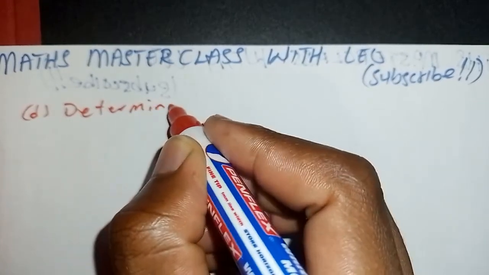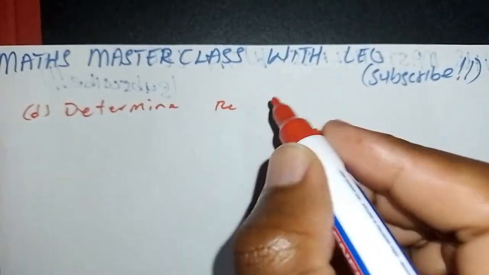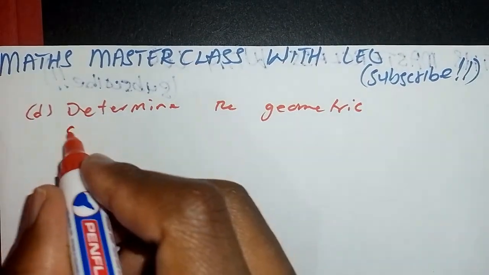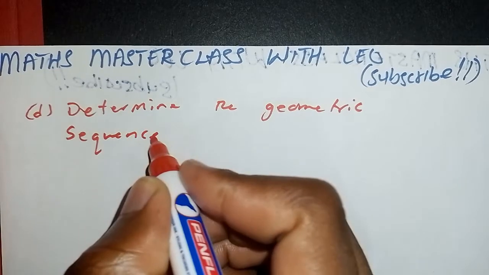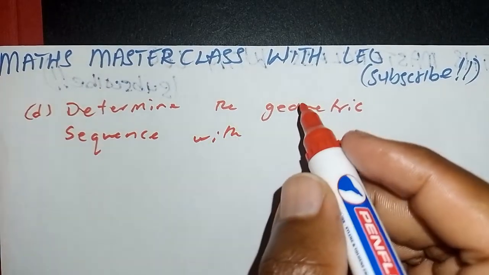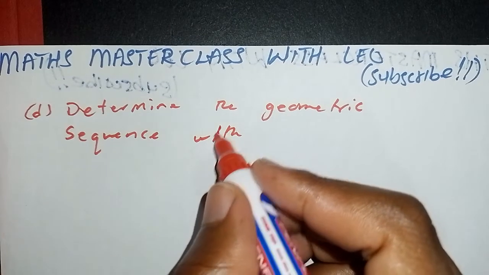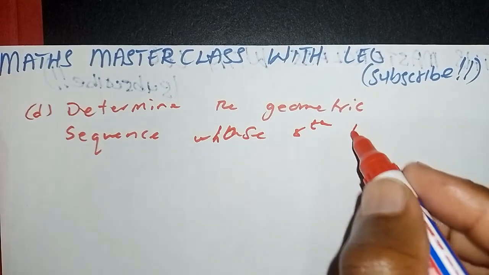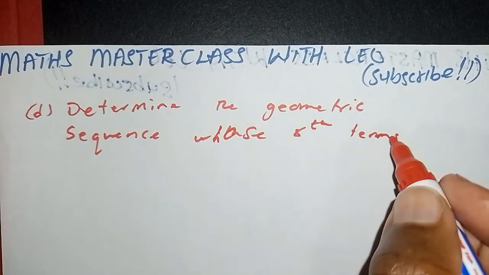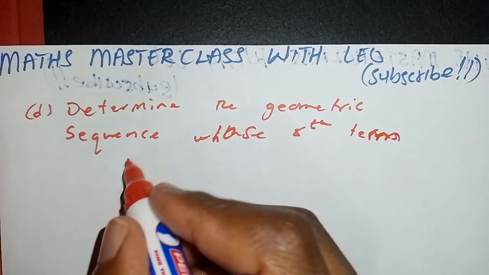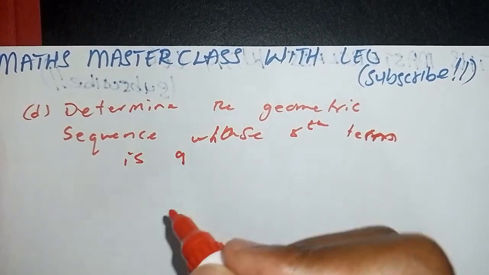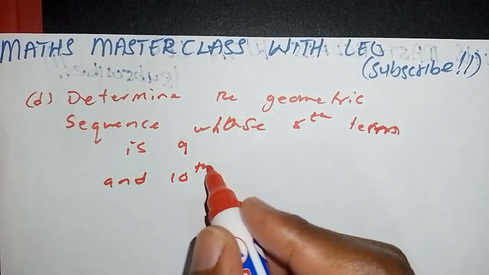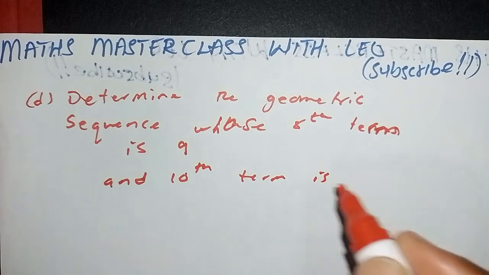They say determine the geometric sequence whose eighth term is 9 and 10th term is 25.